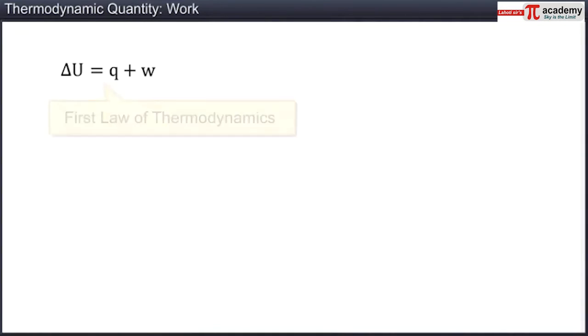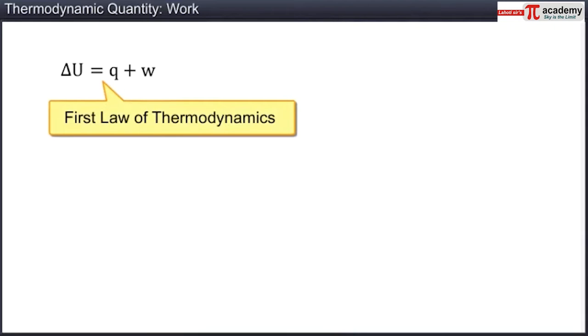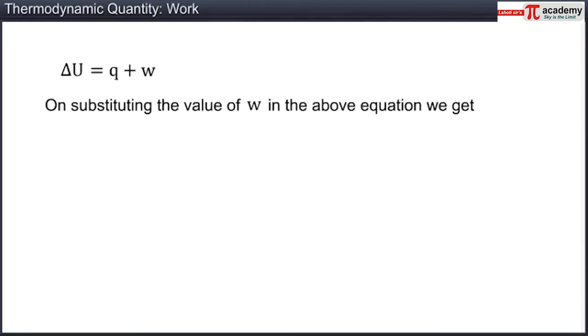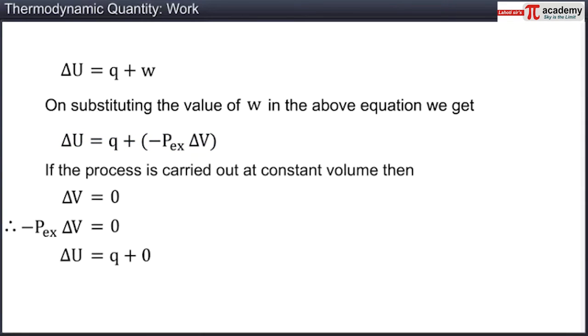We know that according to the first law of thermodynamics, the change in internal energy is represented as delta U equals Q plus W. On substituting the value of W in the above equation, we get delta U equals Q plus minus Pex multiplied by delta V. If the process is carried out at constant volume, delta V is 0.